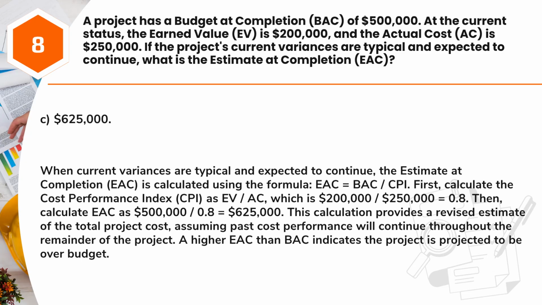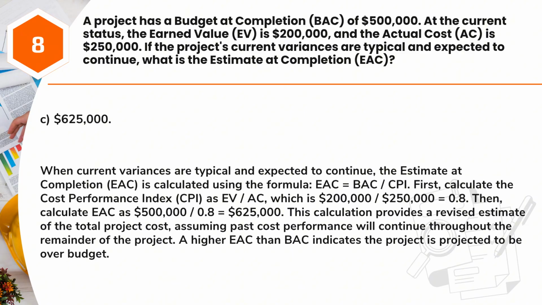Answer: C. $625,000. When current variances are typical and expected to continue, the estimate at completion, EAC, is calculated using the formula, EAC equals BAC/CPI. First, calculate the Cost Performance Index, CPI, as EV/AC, which is $200,000/$250,000 equals 0.8.